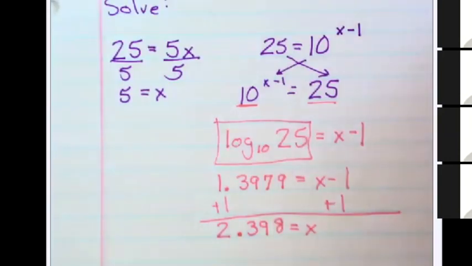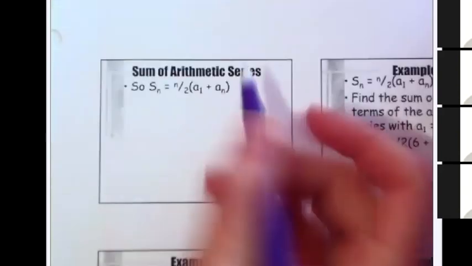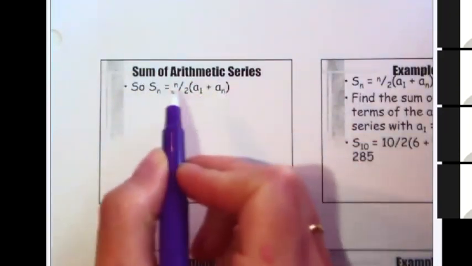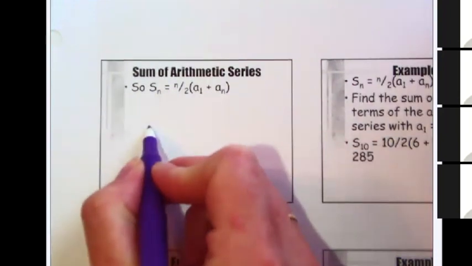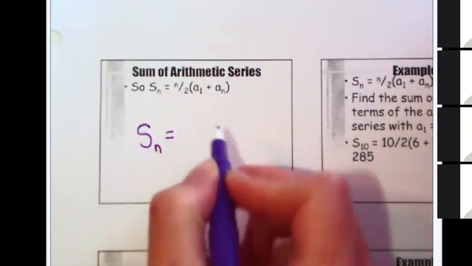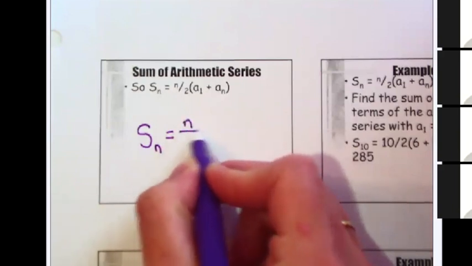Now, this wouldn't be Algebra 2 if we didn't have some sort of special formula that we could use to find any term in the sequence or the series for any set of numbers. So the sum of a series looks like this. Usually we would use S for the sum of however many terms we're looking at.